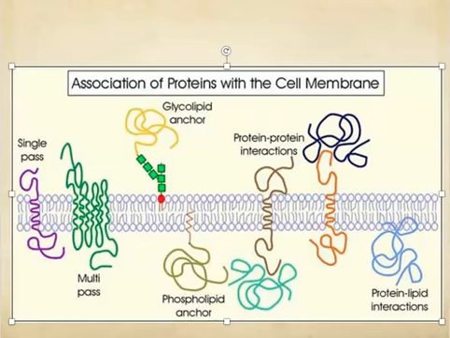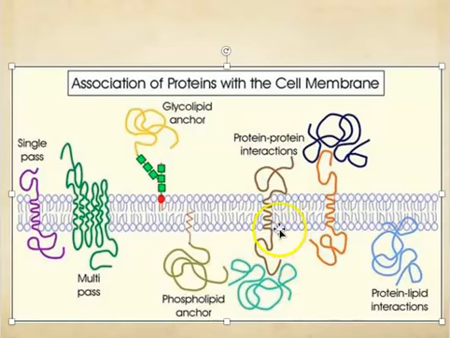That polypeptide is then going to be folded up into alpha helices and beta sheets, and then those will interact with each other through hydrogen bonding and van der Waals interactions, and we will get a three-dimensional protein. Remember, every protein has its own unique three-dimensional shape, and that means every protein has its own unique function.